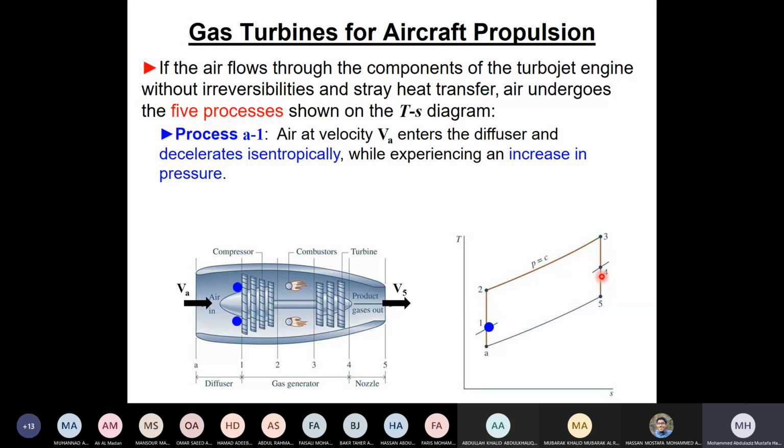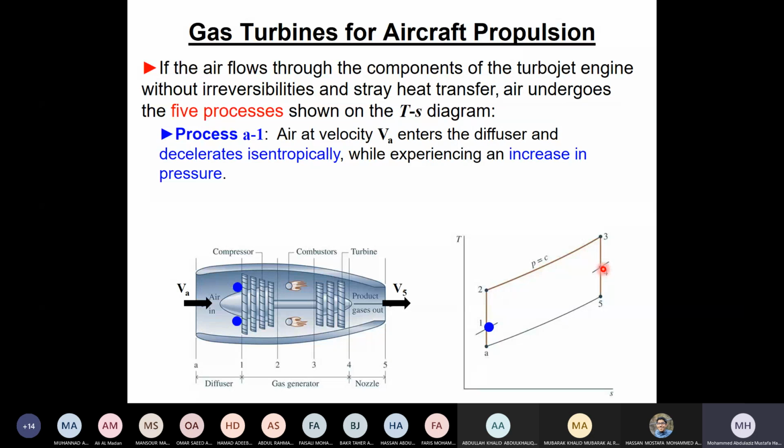So the way to get T4 is to say T3 minus T4 is equal to T2 minus T1, or the turbine work is equal to the compressor work. T2 is known, T1 is known, T3 is given, and then we calculate T4.